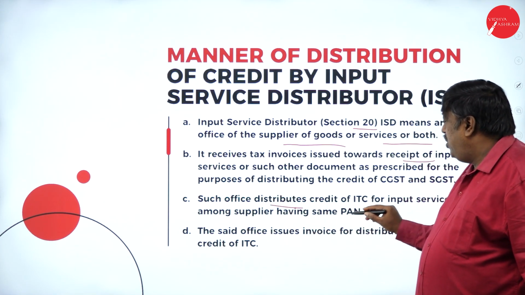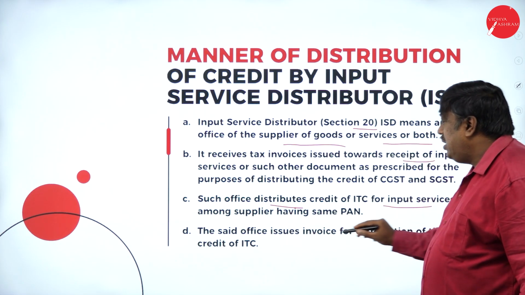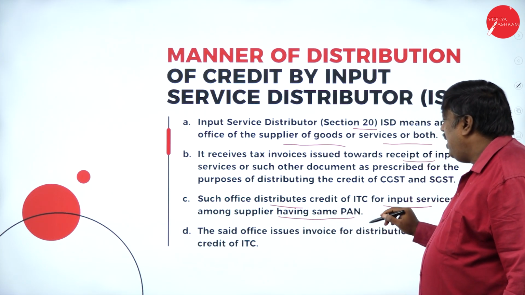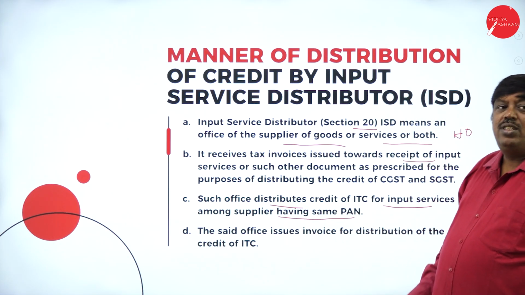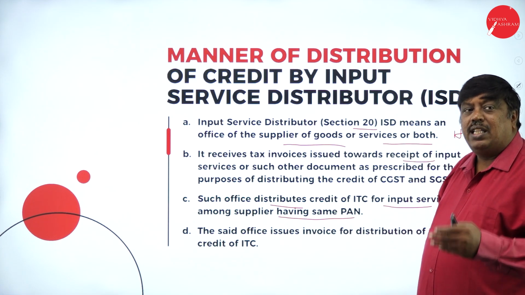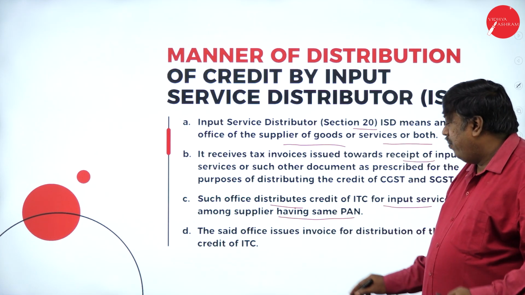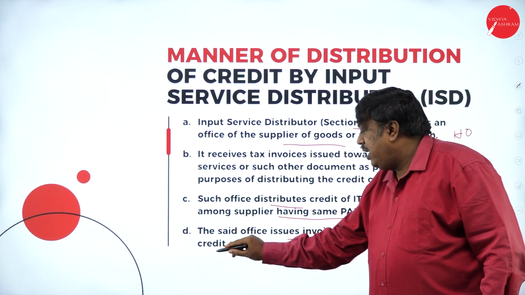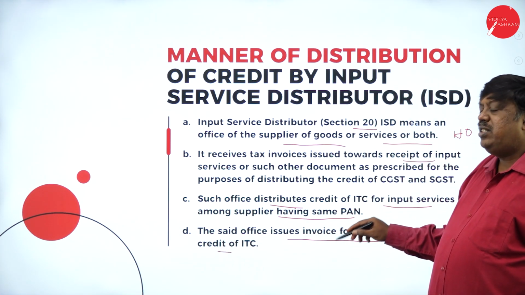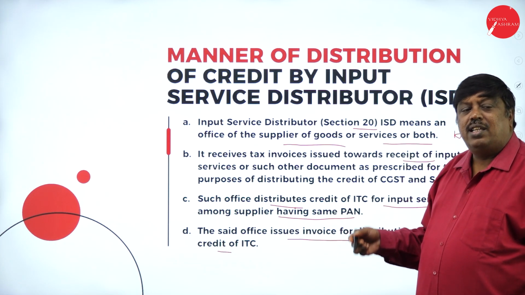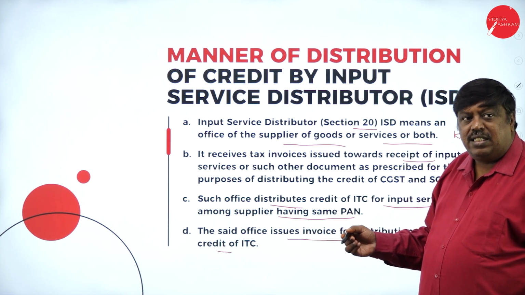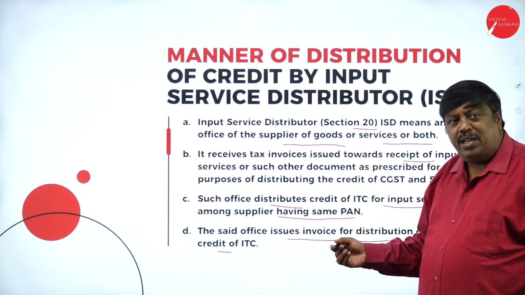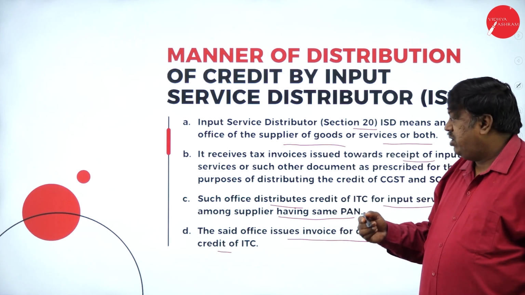Such office distributes credit of ITC for input services among suppliers having the same PAN, means the branches, which have the same PAN. The said office issues invoice for the distribution of the credit of ITC. The head office is going to issue the distribution of GST already paid to the government with the branches.